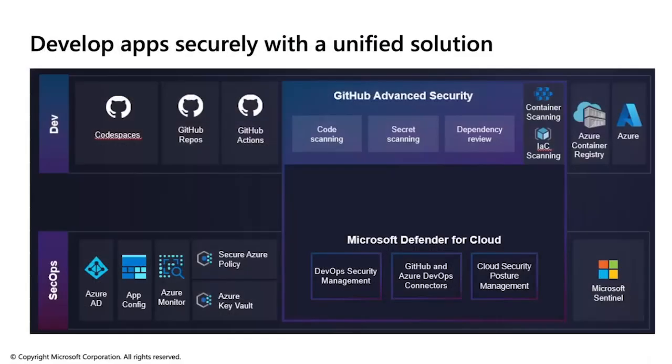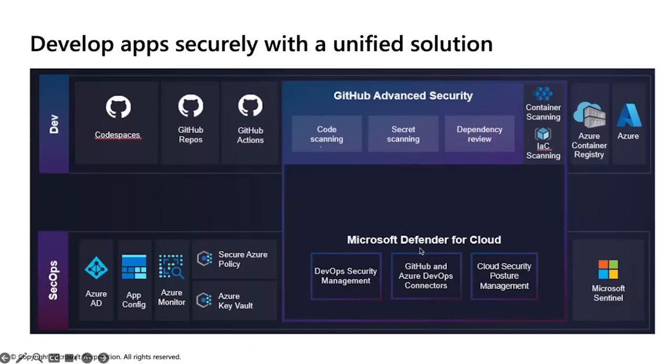Next, you can see a summary in this slide. Using Defender for Cloud, we can control not only DevOps security management, GitHub and Azure repository connectors, but also cloud security posture management. In GitHub Advanced Security, we have code scanning, secret scanning, and dependency review.